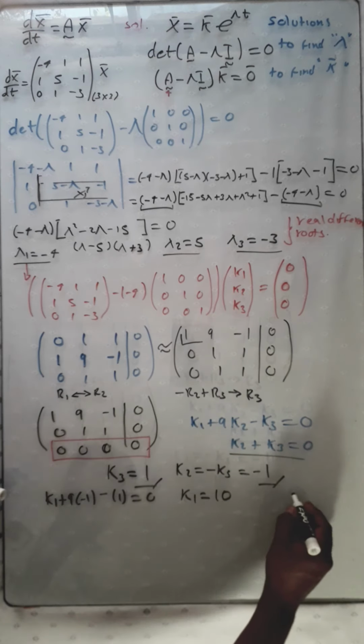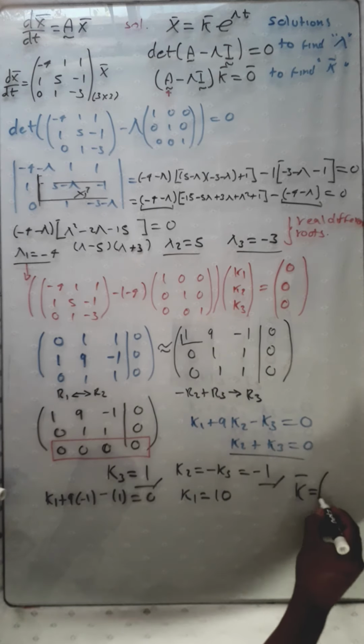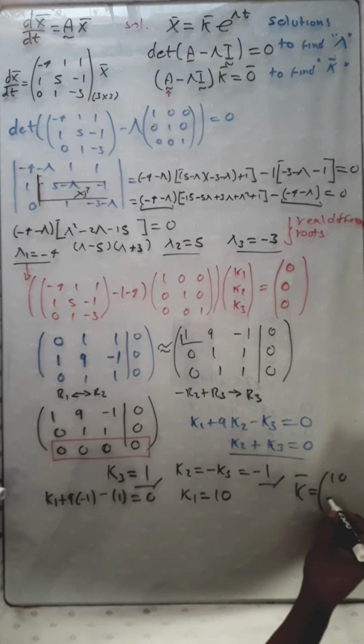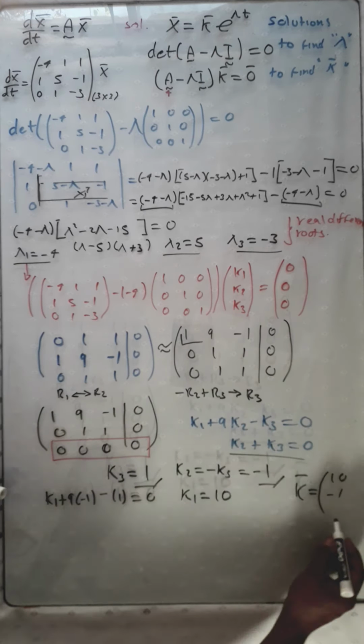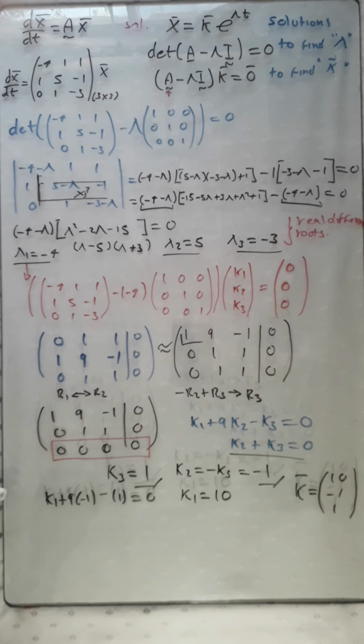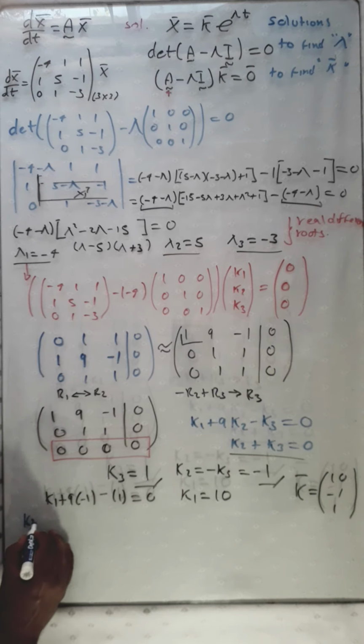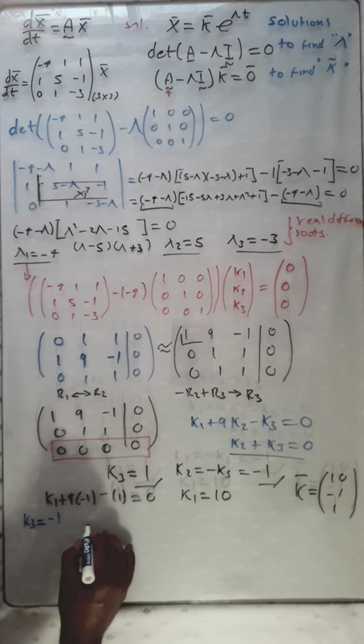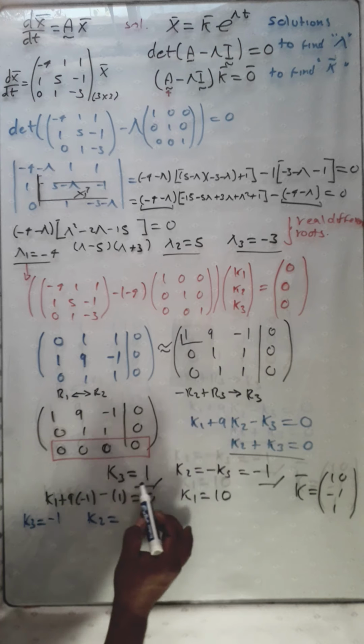Okay, so what you have here is the k vector: 10 for k1, k2 is equal to minus 1, and k3 is equal to 1. Now, what happens if you choose another number? Let's say that you choose k3 equal to minus 1, then k2 will be minus 1 here.